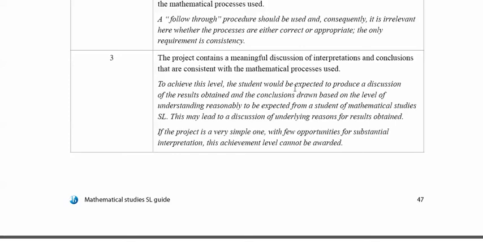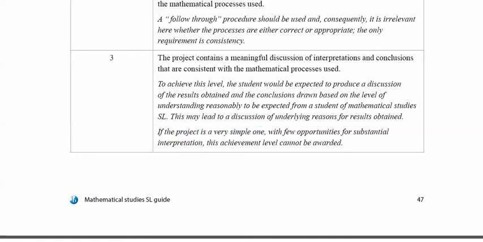It says that to achieve this level, a student would be expected to produce discussion of the results obtained and the conclusion drawn based on the level of understanding reasonable to be expected from a student of mathematical studies. Underneath it says, if the project is a simple one with few opportunities for substantial interpretation, this achievement level cannot be awarded.